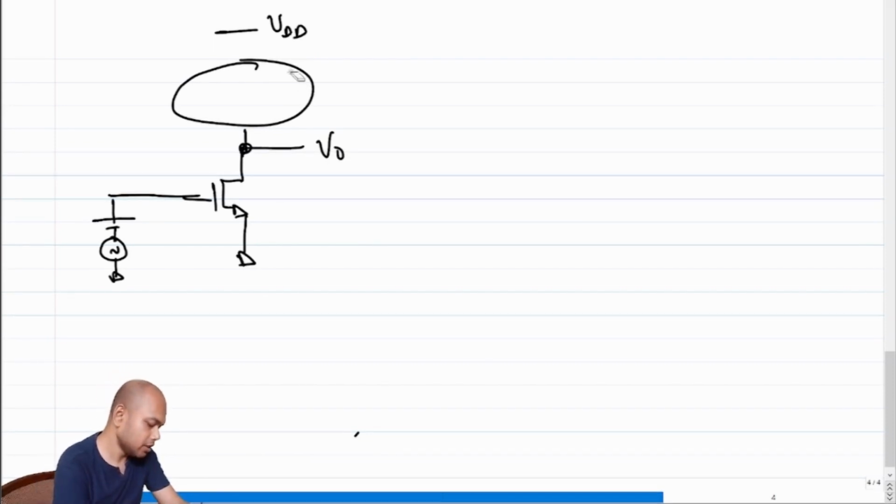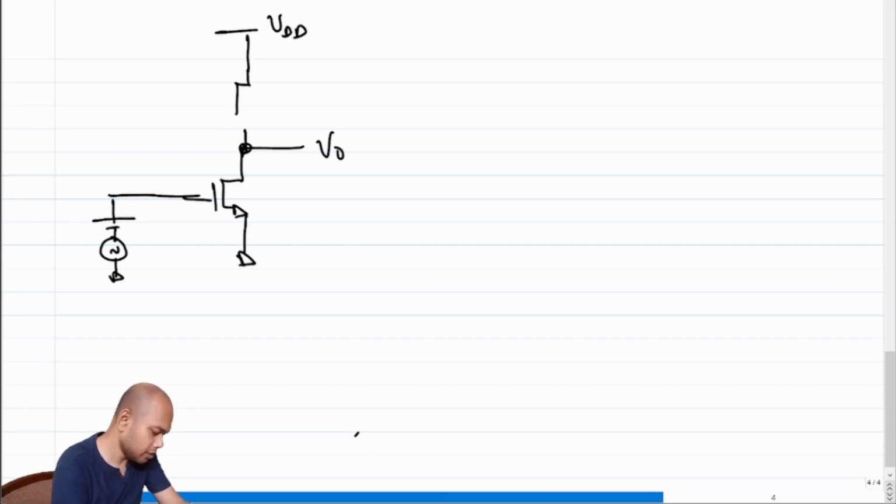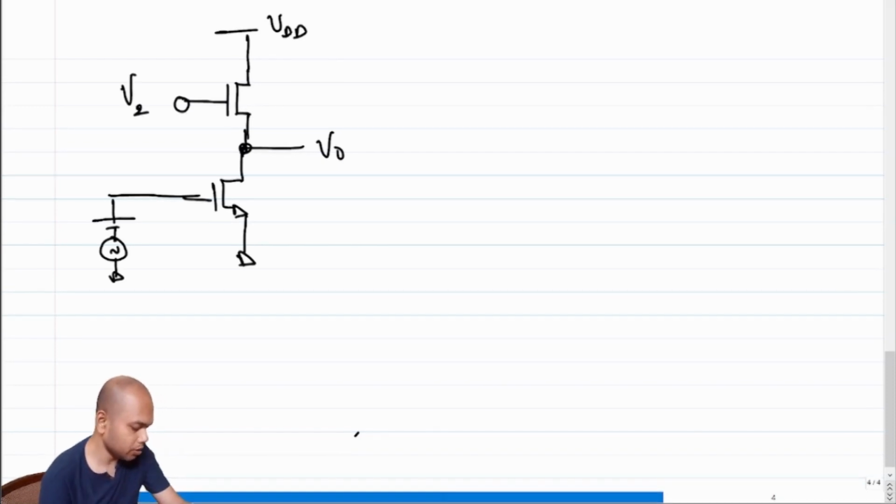Since the transistor is physically a symmetric device, geometrically there is no distinction between the drain and the source, we can just put a device here. Let's say this is biased with some voltage V2. It's an NMOS transistor, and let's assume this is in saturation. So do you think this is going to work?